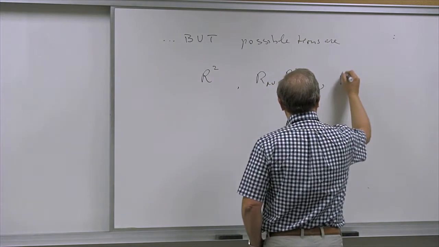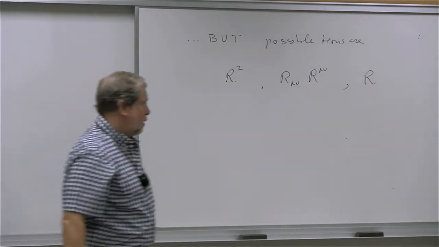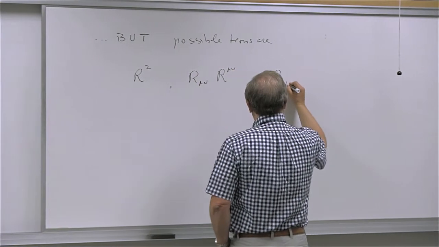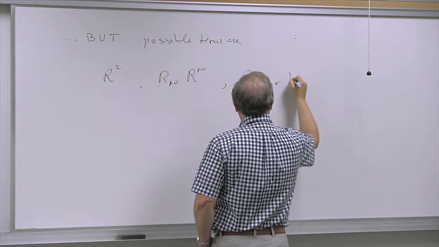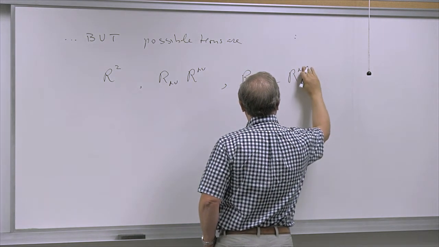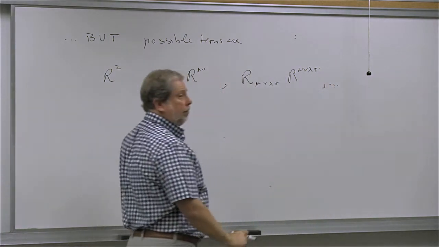And there is, in fact, another possibility. Well, altogether, actually, it turns out there's quite a few. There's about 6 of them. But so R mu nu lambda sigma times R mu nu lambda sigma is also possible. And there is a few more, right?